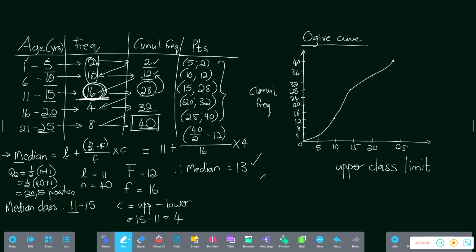So we can use the Ogive curve to find all the quartiles. But for now, let's look at the median quartile, because we know that it's in the 20,5th position. So you go along your y-axis up until you get to 20,5. Obviously we are going to estimate that 20,5 lies somewhere here.